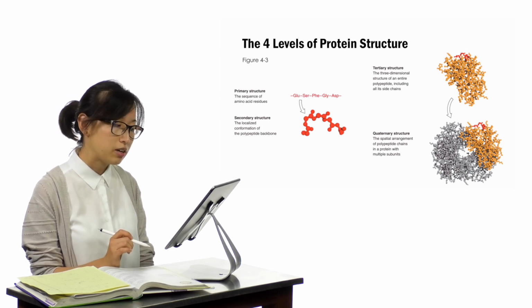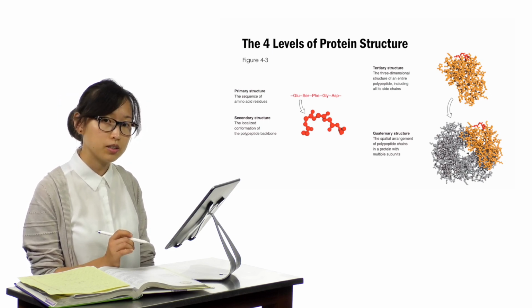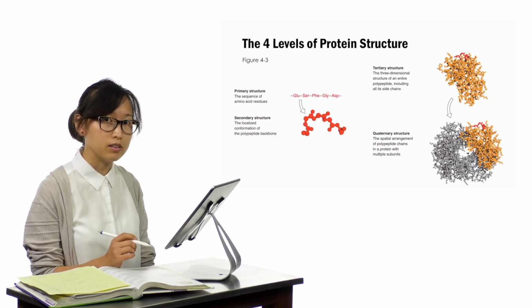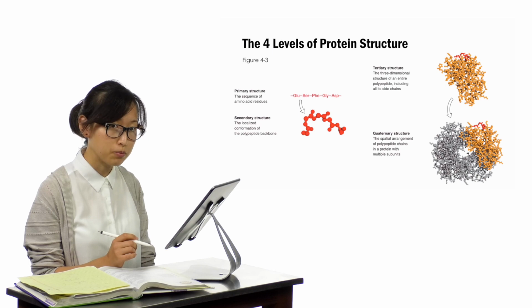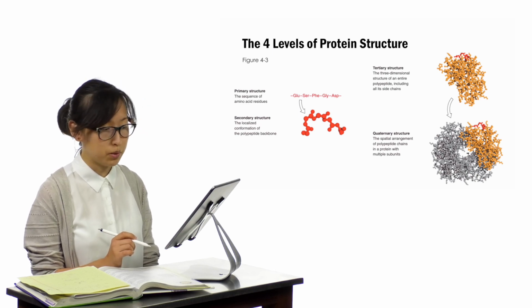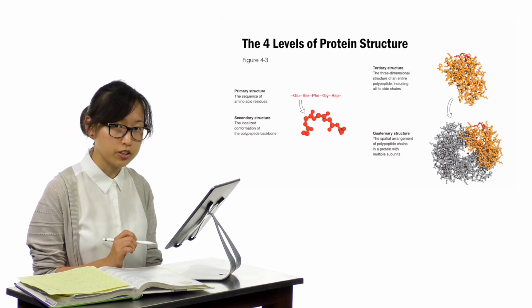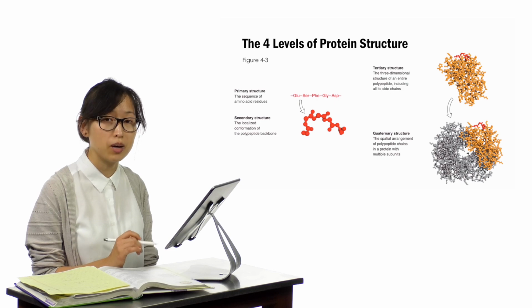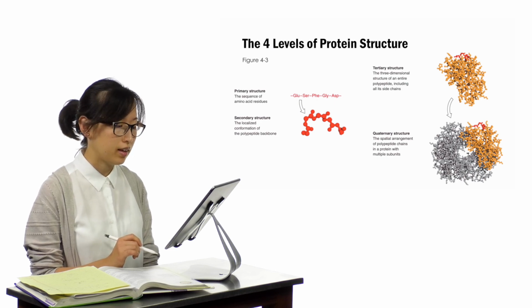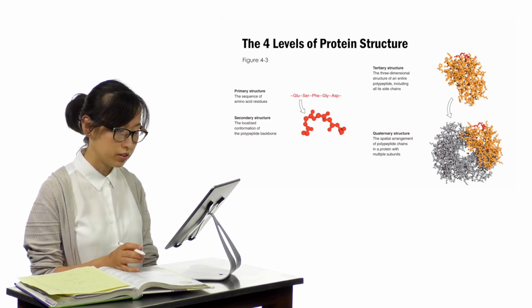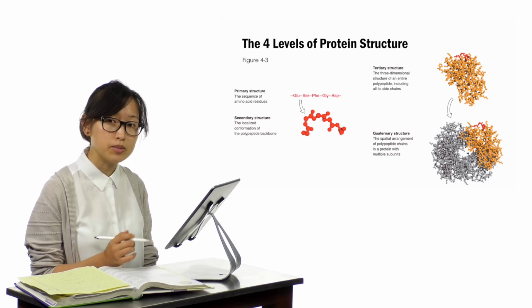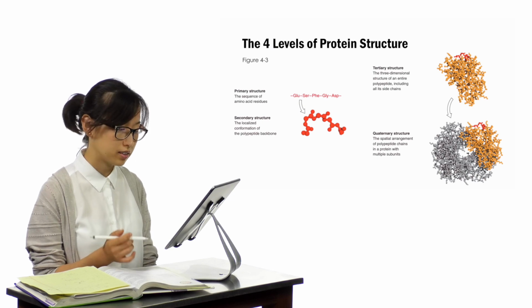Secondary structure is how these residues come together in space. Another way to think of that is the orientation or conformation of the polypeptide backbone. Tertiary structure describes how those elements of secondary structure come together to create the three-dimensional structure of the polypeptide. And finally, quaternary structure, the fourth level of protein structure, is how these polypeptides come together and interact.